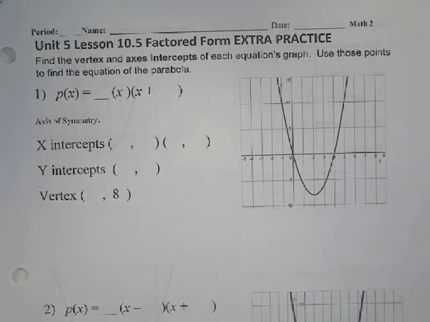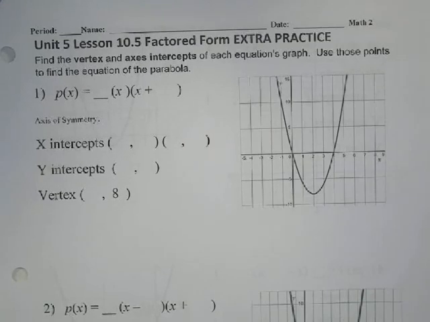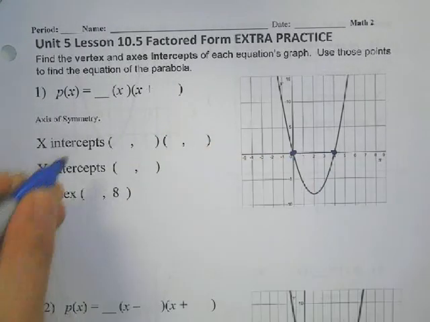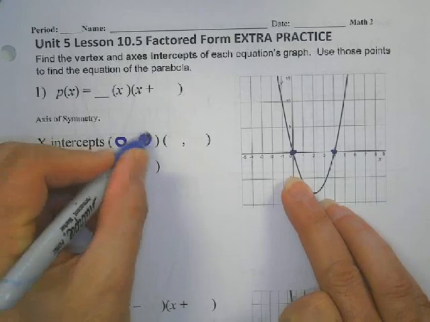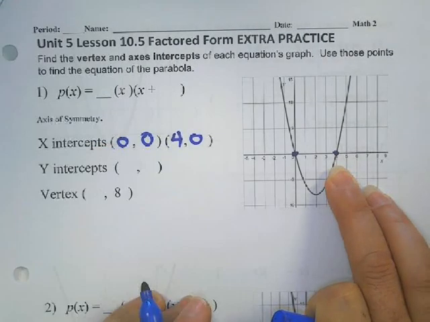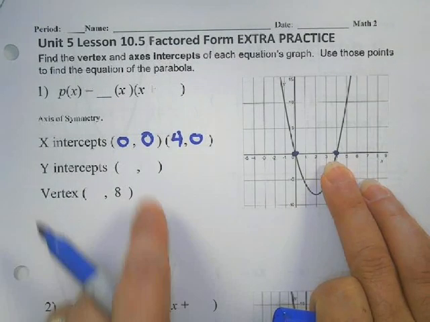So let's write down what we know that we can see from this picture right away. Right now we can see that our x-intercepts are 0 and 4. Okay? So this is where it crosses the x-axis.